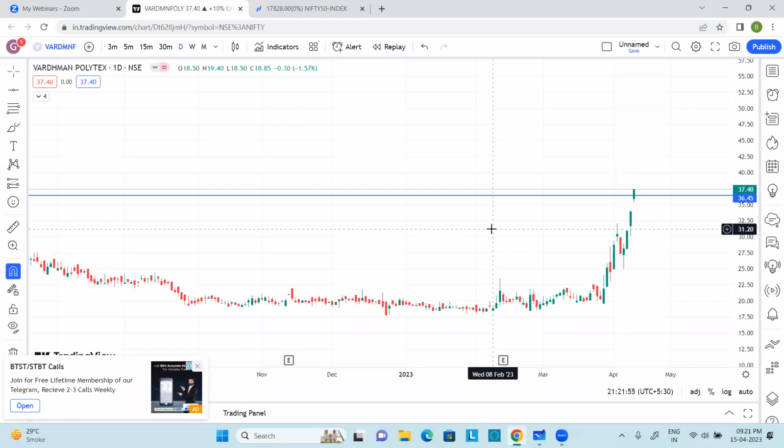Why am I saying this? First keep 1.5 in the starting, then you get confidence, then increase it and keep 1:2. When you have a target of 1:2, you need to hold to the target of 1:2. There you book. And whenever it is reaching 1.5, you need to trail your stop loss to the cost.